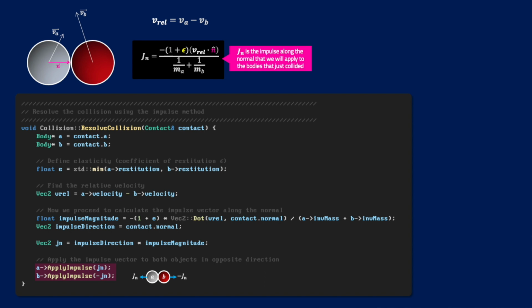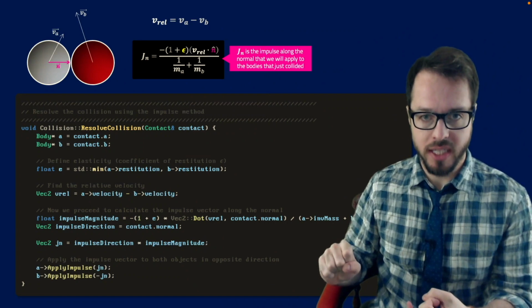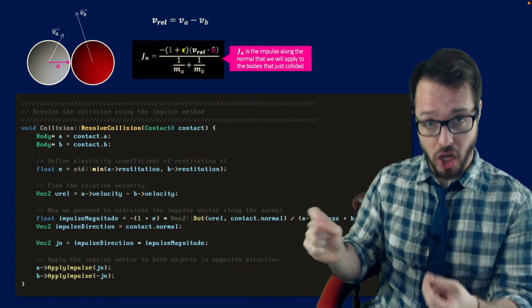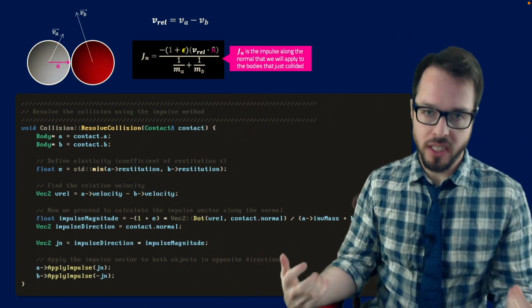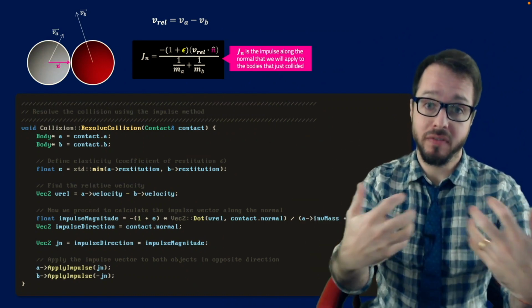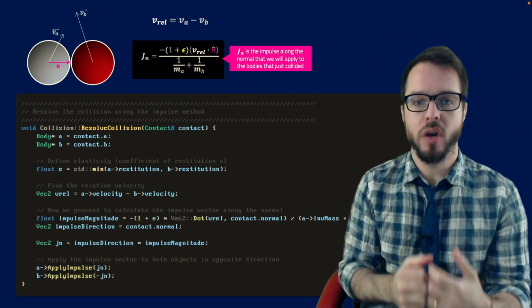And as soon as I apply that impulse and change that velocity, remember that applying impulse means instantaneously changing the velocity of the objects. As I apply those impulses, I hope to see these bodies colliding and then going their own way because I'm applying different impulses to them, right? A goes one way, B goes the other way.